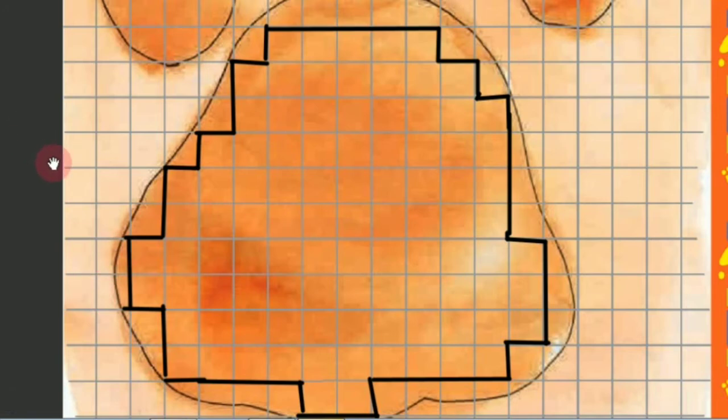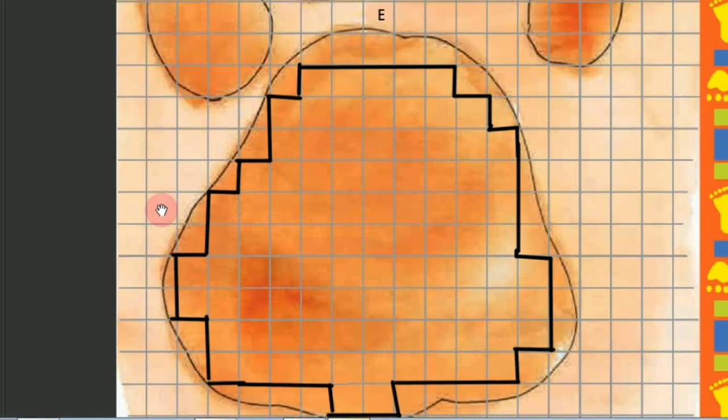So the area of the tiger's footprint is equal to part A plus part B plus part C plus part D plus part E. If we add all these areas, we will get 173 square centimeter as the area of the tiger's footprint.